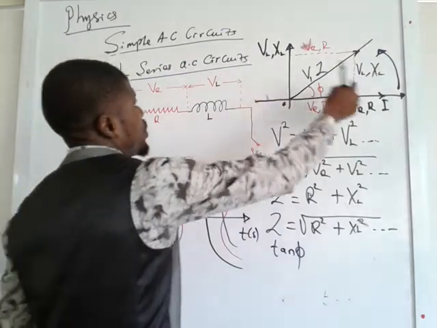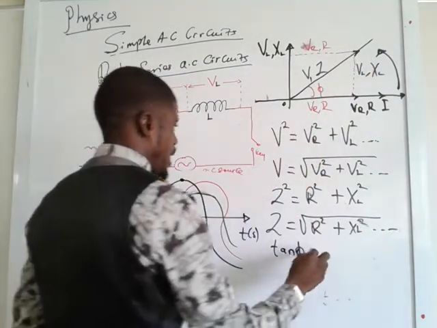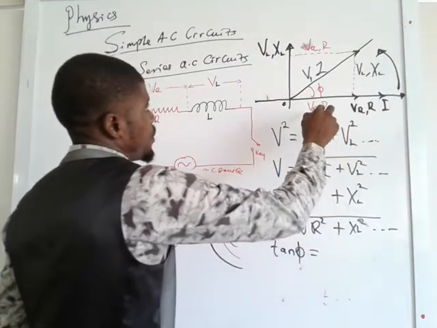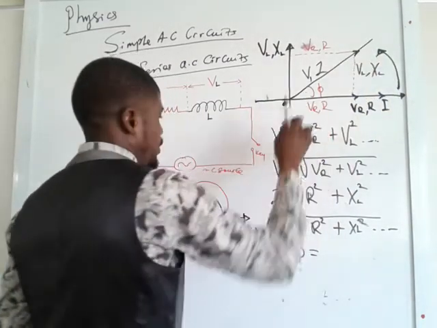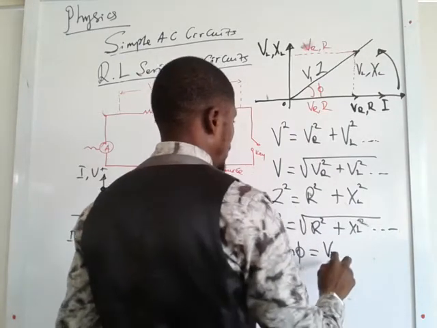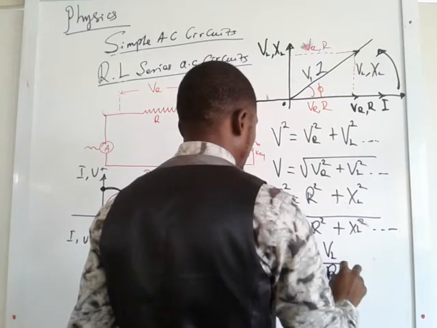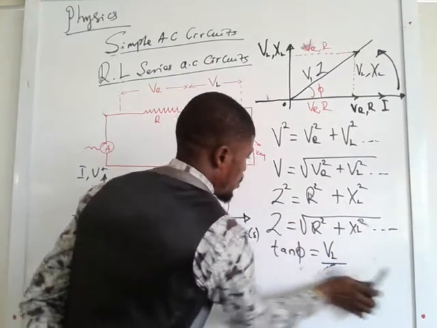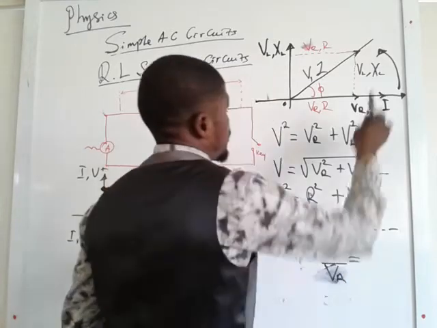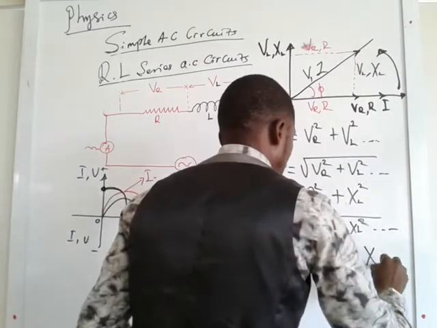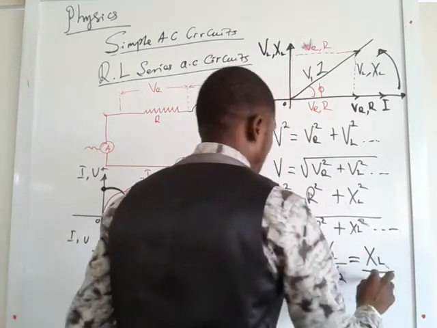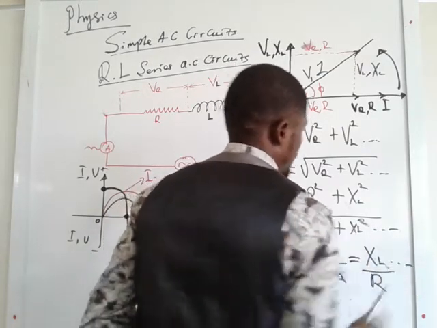And so the angle with which the voltage leads is given as tan phi, which is equal to opposite over adjacent. That is the voltage across the inductor divided by the voltage across the resistor, which is the same thing as the inductive reactance XL divided by the resistor R. Name it.